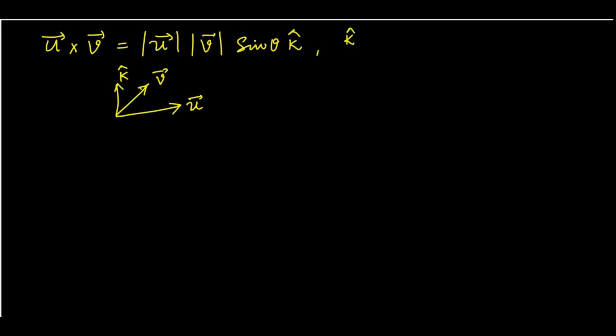Okay, k cap is perpendicular to both u and v. So cross product always follows right hand rule, right?